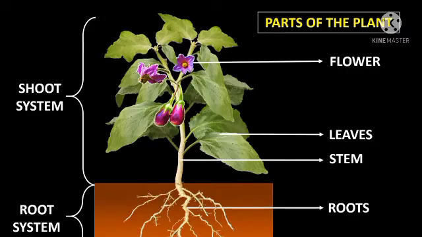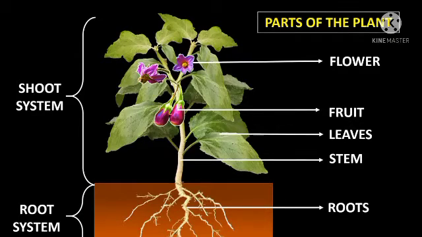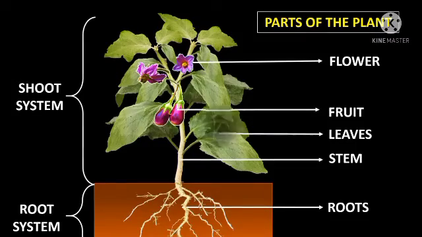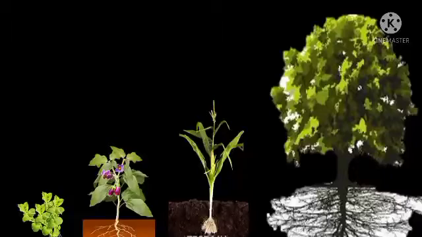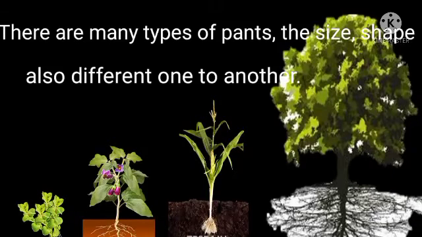These are all the parts of a plant. The stem bears branches, leaves, flowers and fruits. It gives support to all the parts and supplies food and water to the whole body of the plant.